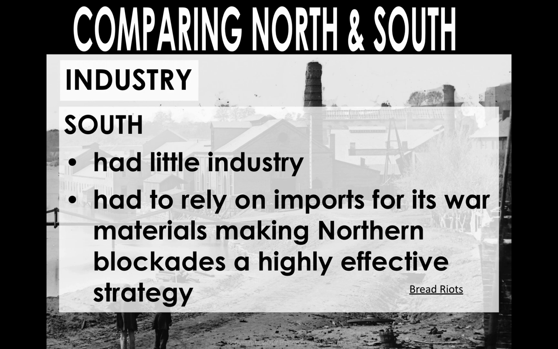They relied on other territories and foreign countries to bring in war materials. And oftentimes the North would make blockades, blocking those things from getting into the southern states. Because of that, the South struggled to get a lot of their war materials. That was a very effective strategy that the North used.